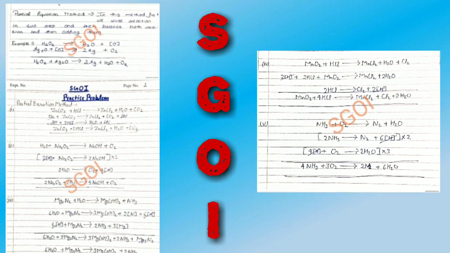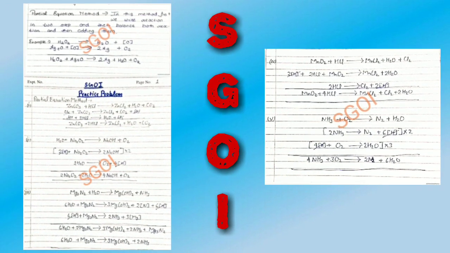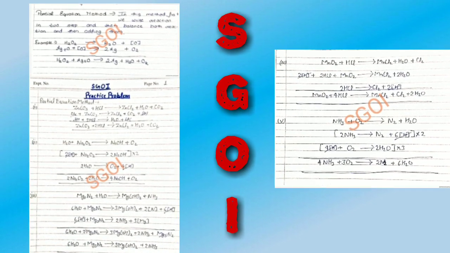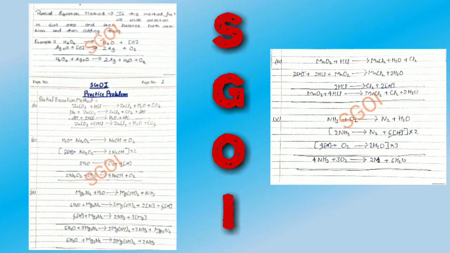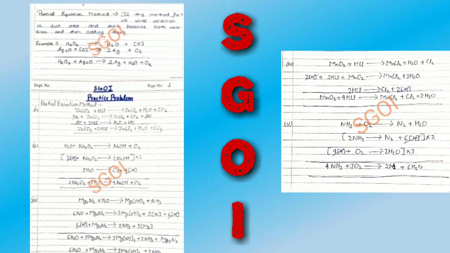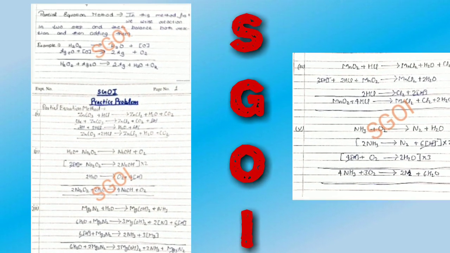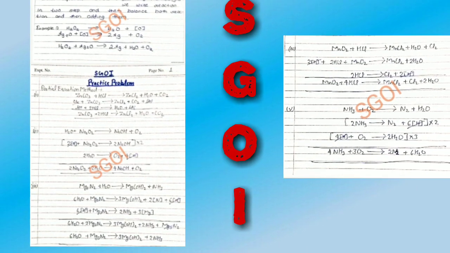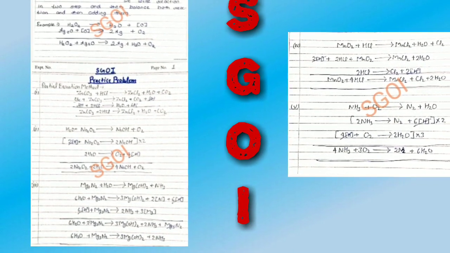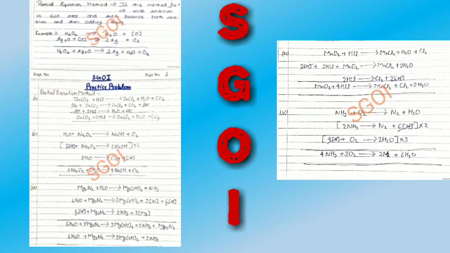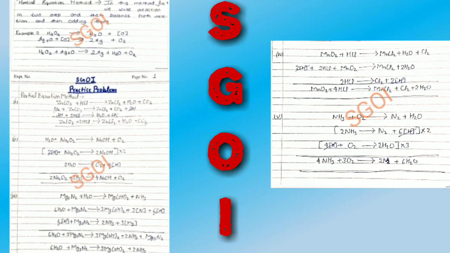Now the third reaction is Mg3N2 plus H2O gives Mg(OH)2 plus NH3. First we make two half reactions. One is Mg3N2 gives Mg(OH)2 and the other is Mg3N2 gives NH3.